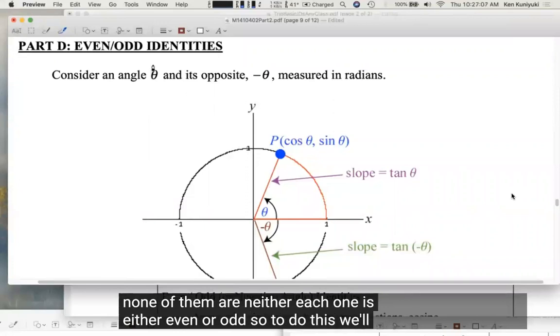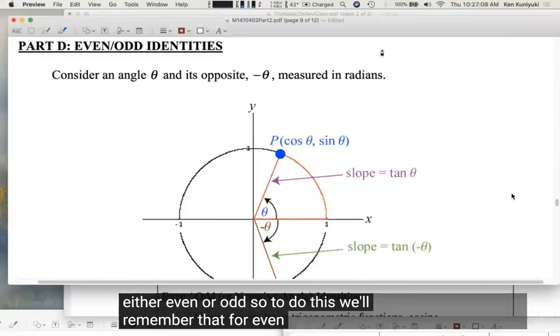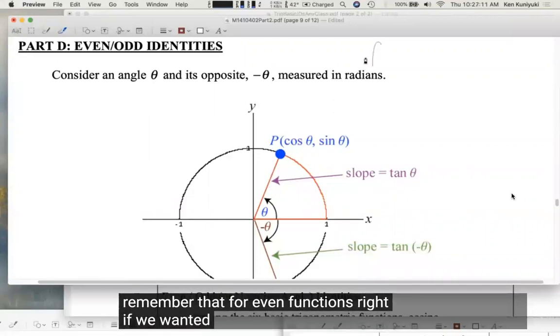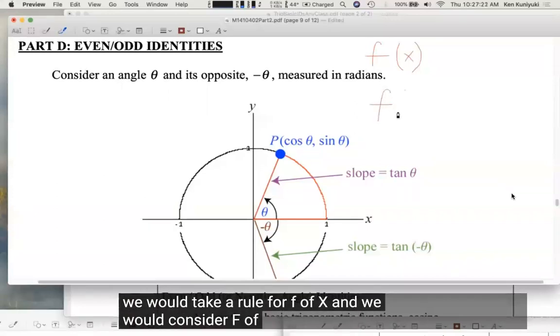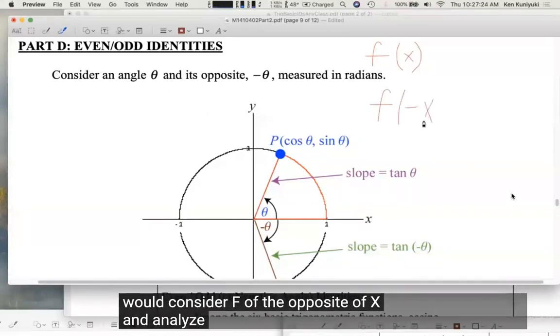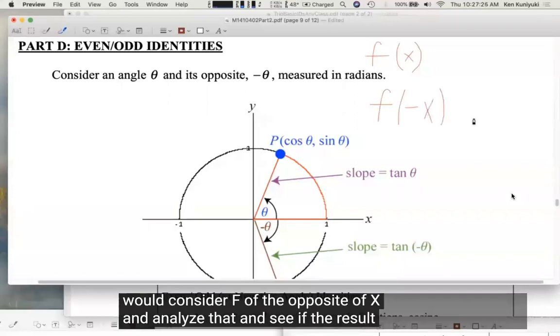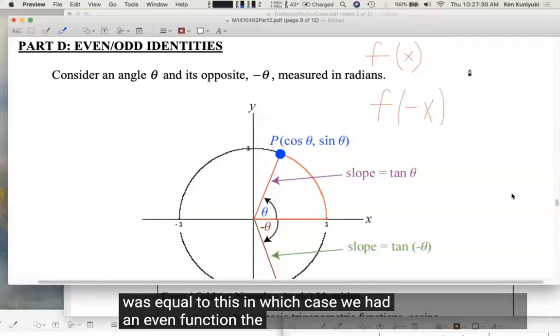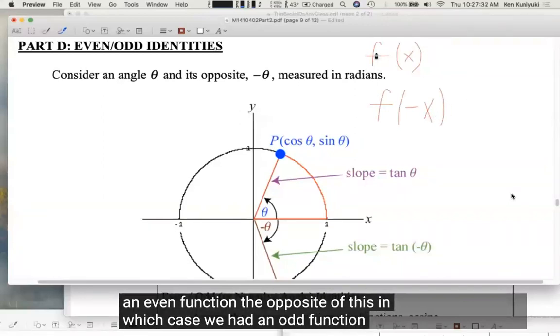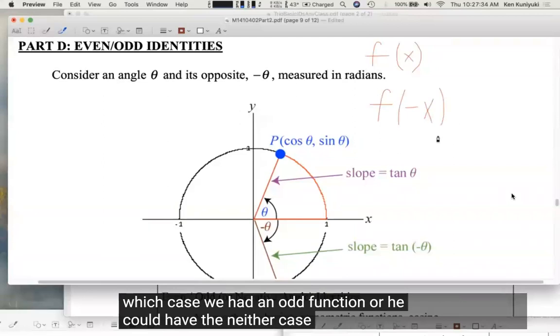So to do this, remember that if we wanted to know if f was an even function or an odd function or neither, we would take a rule for f of x and consider f of the opposite of x and analyze that and see if the result was equal to this, in which case we had an even function, the opposite of this, in which case we had an odd function, or we could have the neither case.